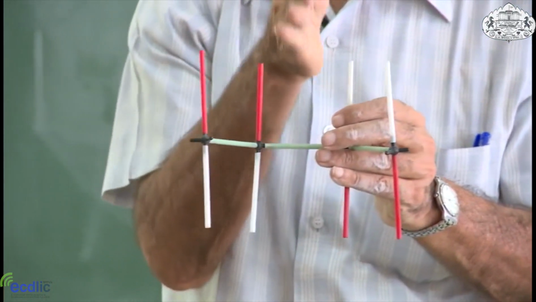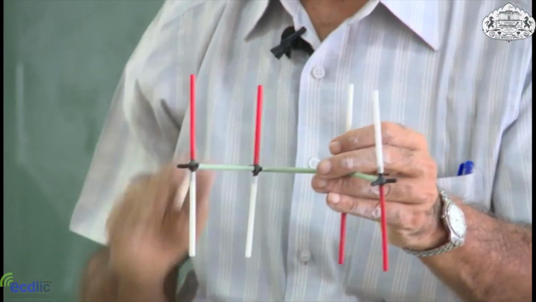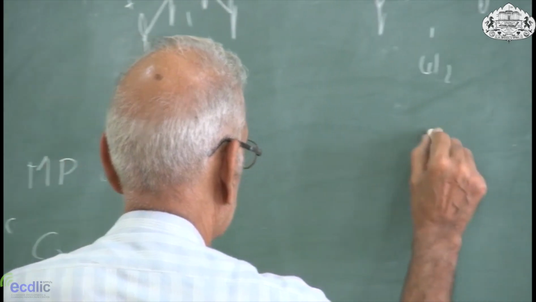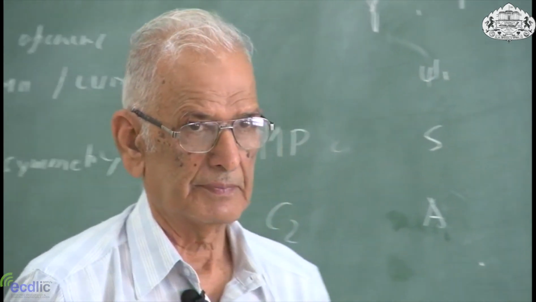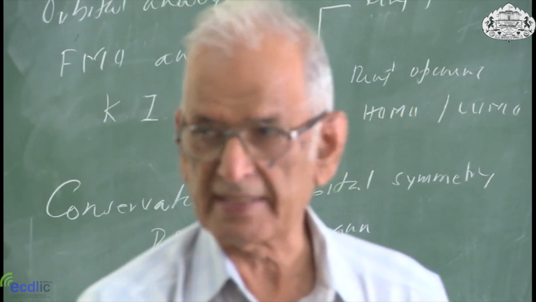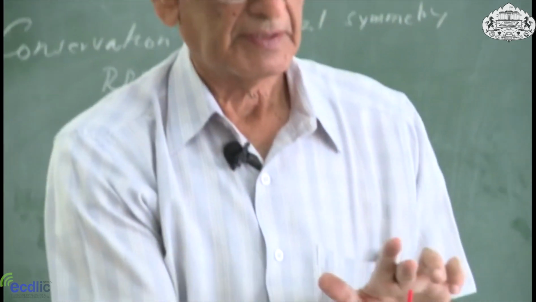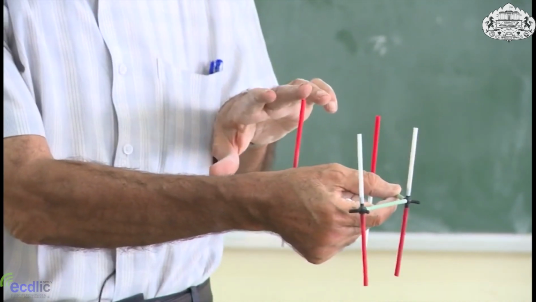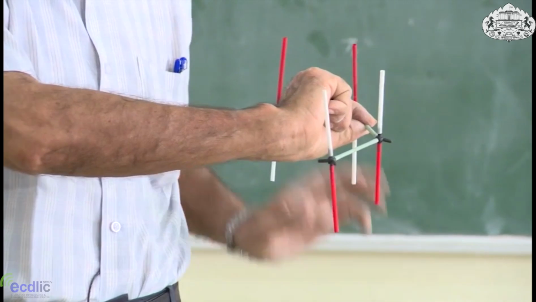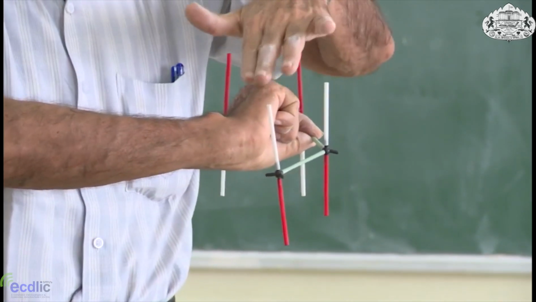What can you say about mirror plane symmetry? It is not symmetric. Now let's look at the C2 axis. What is on the left hand side? Plus. On the right hand side, minus. Plus, minus.